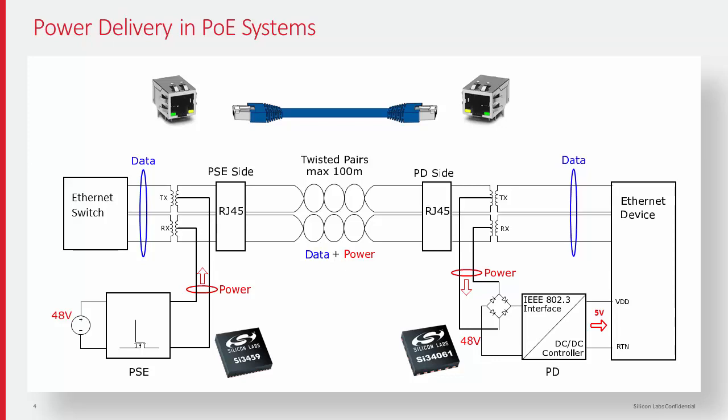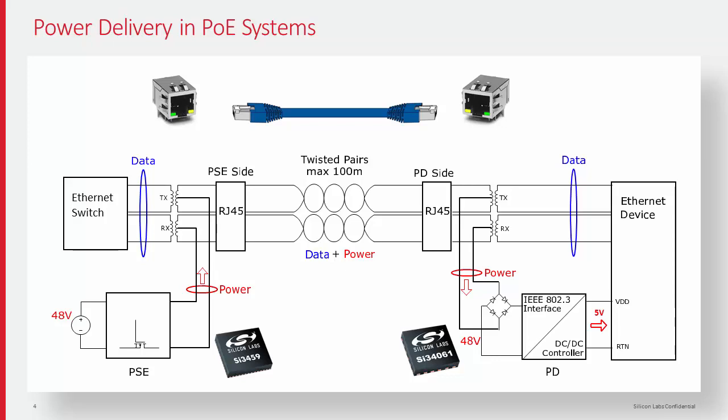Okay, great. And when we connect up these devices, is the power always running? Yeah, that's a good question. So no, the power is not always running. The power is stimulated by the PSE, the sourcing equipment side, and what it's doing is constantly polling that Ethernet interface with this thing called detection.